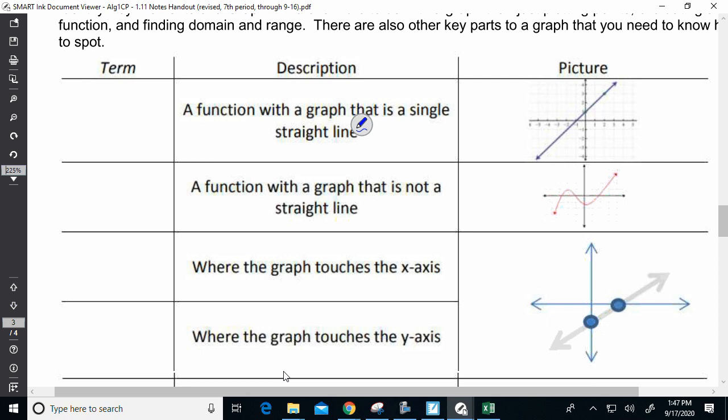A function with a graph that is a single straight line is called linear. If you just have one straight line, then that's linear.